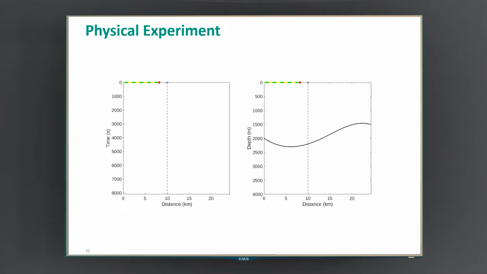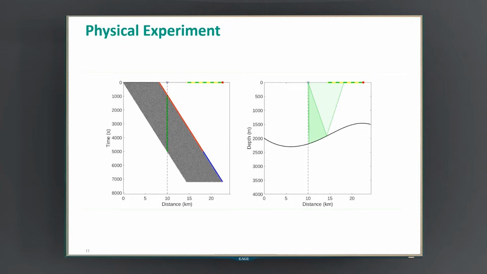If we start this animation and you focus on the left-hand side of the picture, you will see that as soon as the streamer is in the position of the highlighted receiver position, we start recording live data in that receiver position. As soon as the tail end of the streamer has passed through the location, we stop recording in that location.